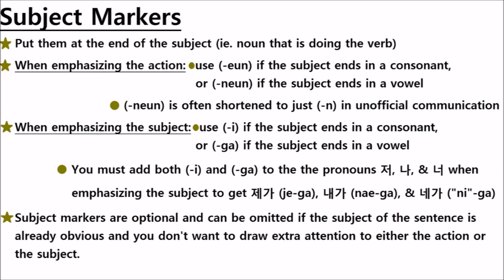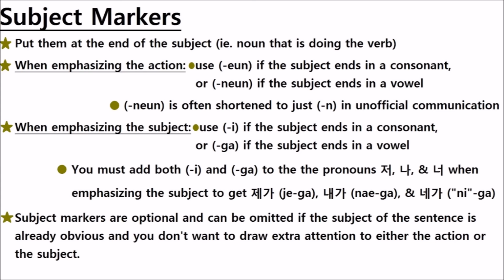You must add both e and ga to the pronouns cho, na, and ne when emphasizing the subject to get 제가, 내가, and 니가. Subject markers are optional and can be omitted if the subject of the sentence is already obvious and you don't want to draw extra attention to either the action or the subject.